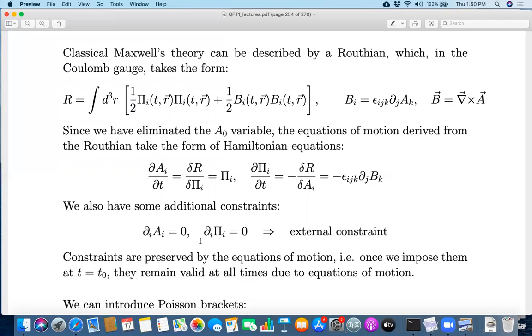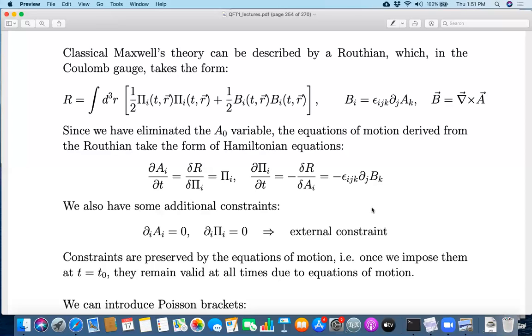Similarly, if you take the time derivative of this, that becomes del_i of del_t pi_i. Again, you use the equation of motion. This is curl of B. So essentially what you get is minus divergence of curl of B. And that, of course, is 0, because divergence of curl is always 0. In this index notation, you see that this becomes del_i of epsilon_ijk del_j B_k. And because of the antisymmetry in i and j, this term just vanishes.